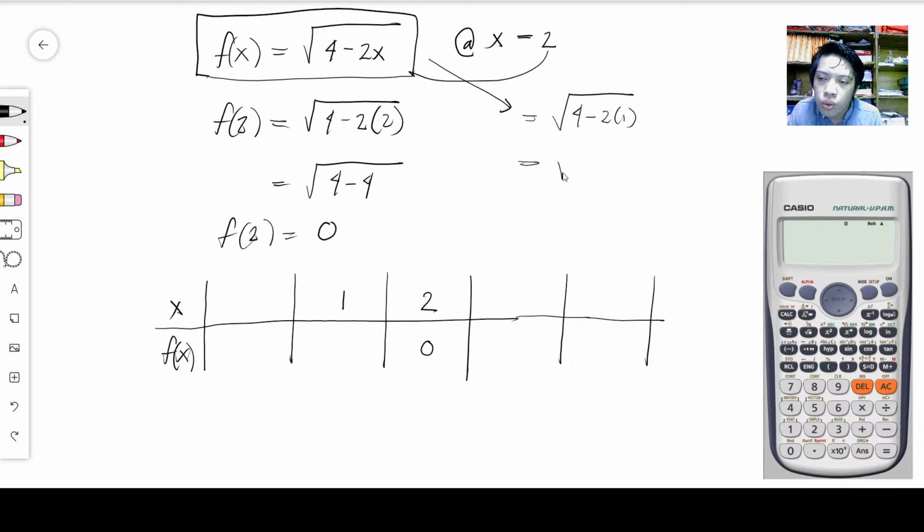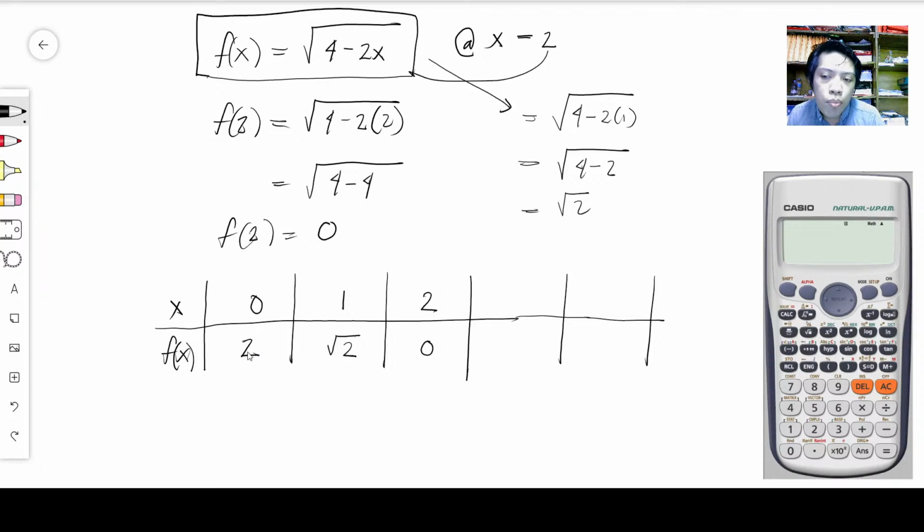This is equal to the square root of 4 minus 2, and that is the square root of 2, diba? Square root of 2 is still a real number. So ibig sabihin, it exists. And if this is 0, for square root of 4, this is 2.